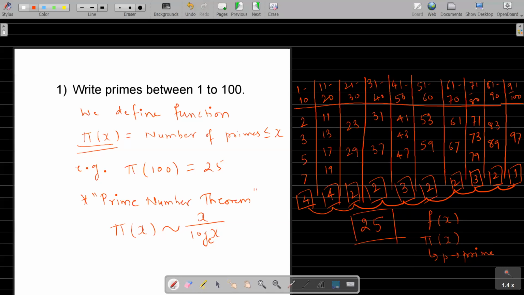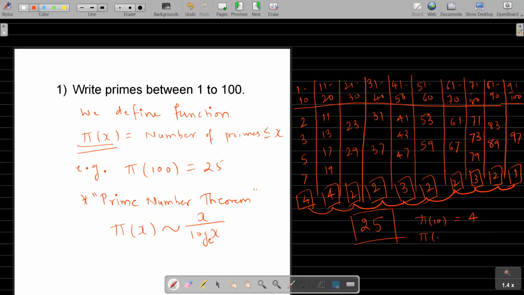But let me tell you the notation with an example. If I say pi of 10, it means the number of primes up to 10. And how many primes are there up to 10? 4. So I'll say pi of 10 is 4.